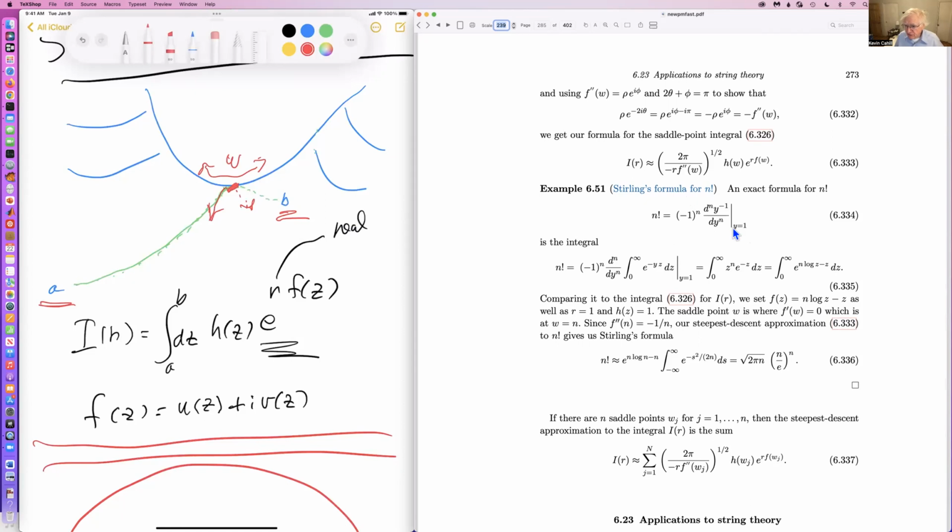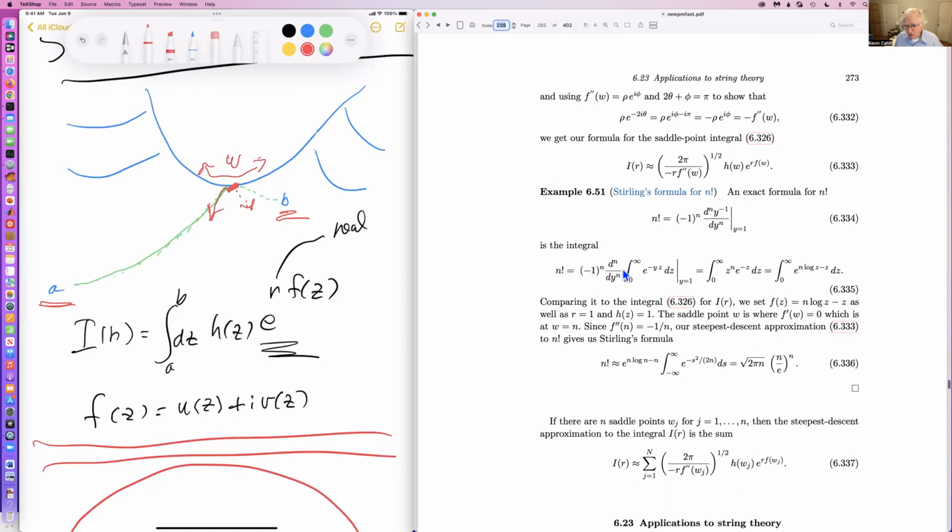But now we can rewrite that nth derivative as this integral over z, which is just 1 over y. And so I'm just writing this in terms of an integral. But now the d by dy just brings down a minus z, and the minus sign is canceled. So we have z to the n, e to the minus z. And we can rewrite that as e to the n log z minus z.